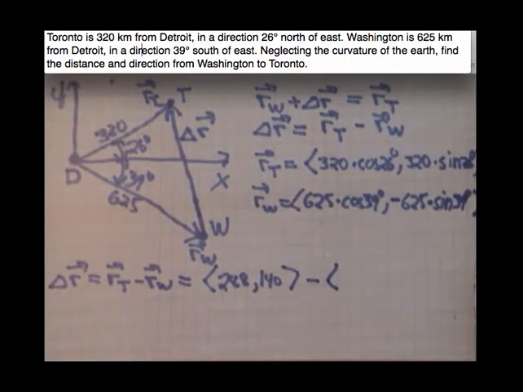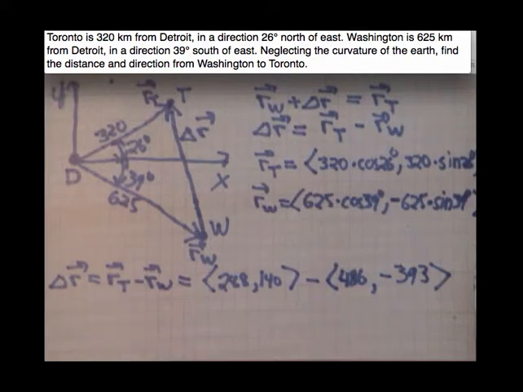And when we do the mathematics for R W, we find that the x component is 486, and the y component is negative 393. And throughout this problem, in the interest of space, I'm leaving out the words kilometers, but all these components are, of course, in units of kilometers.